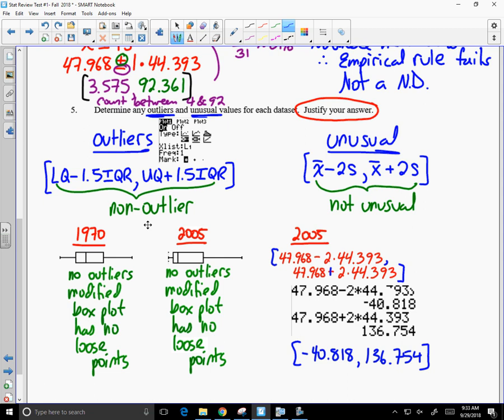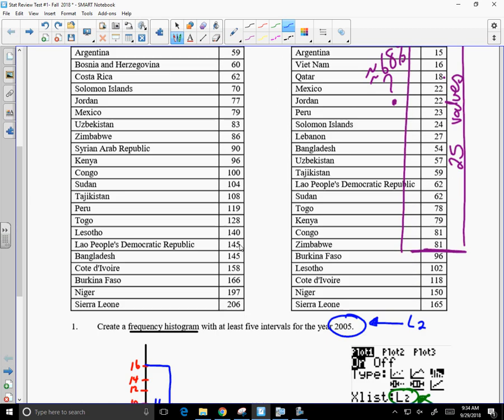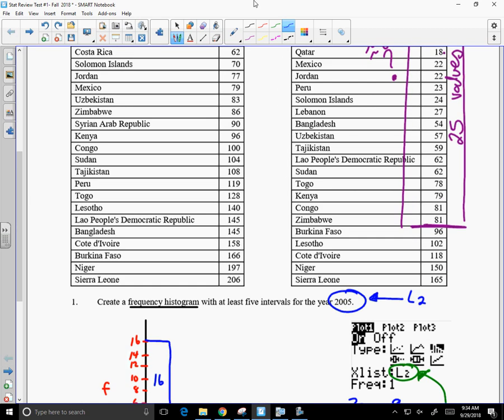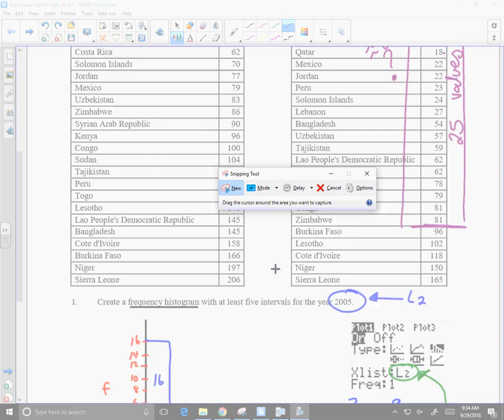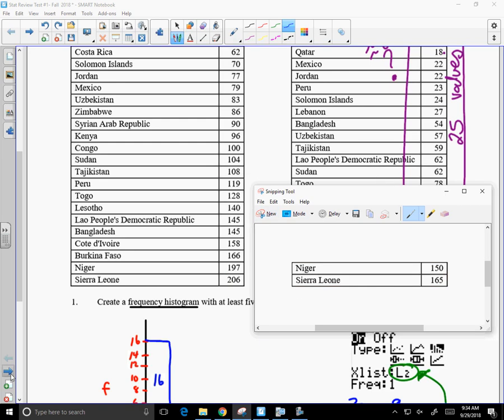So in 2005, on the low end, we're not worried. On the high end, we're looking at anything more than 137 or 135, 136. Let's split the difference there. 0.7 or 8, something like that. So that wrong way, like the calendar issue. So we got 2 of them, right? So they're not outliers, but they're definitely high enough to be considered unusual.